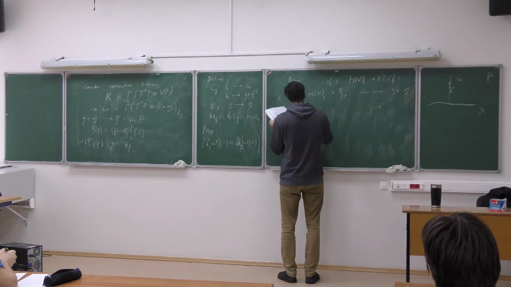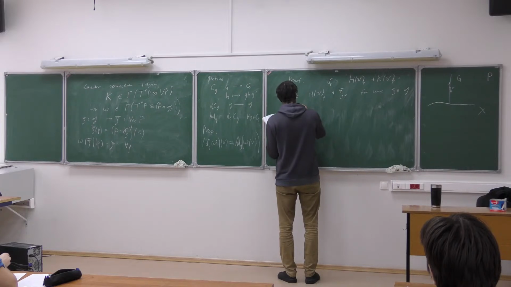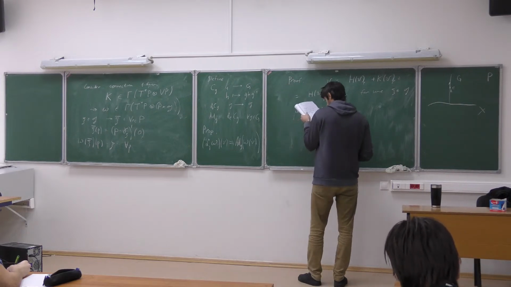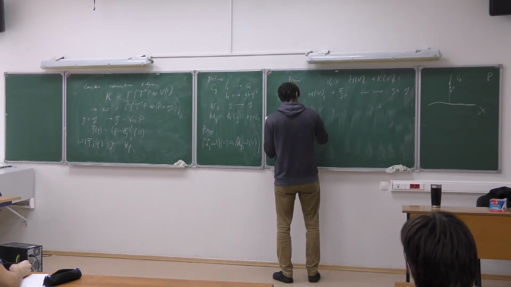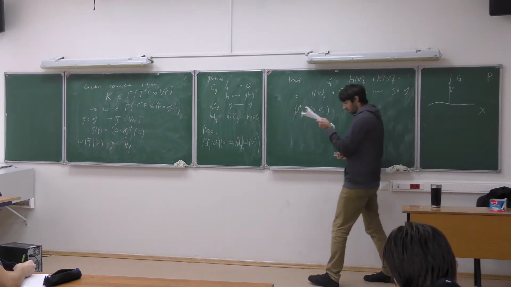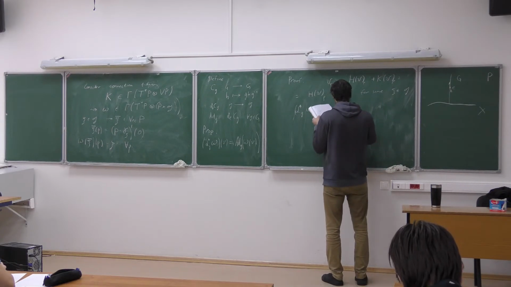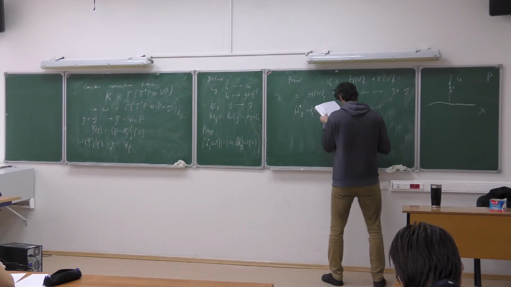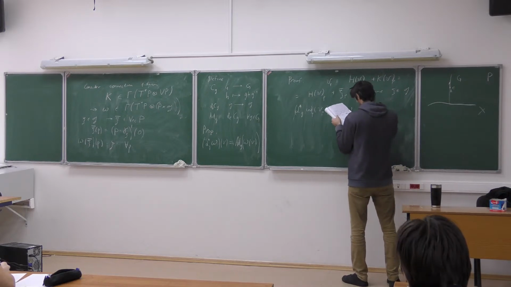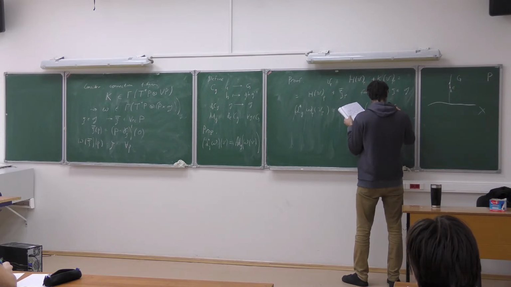Now let me try to do this. So I have alpha G star omega of V. Well, this at P is the same, just by definition of pullback, as omega of P, right action by G of dp alpha G of Vp.